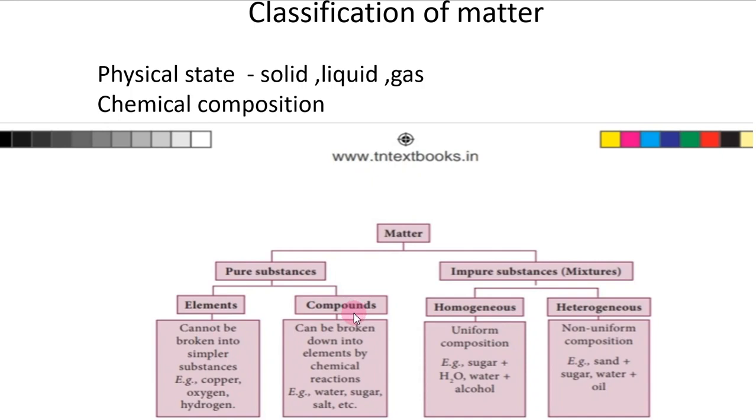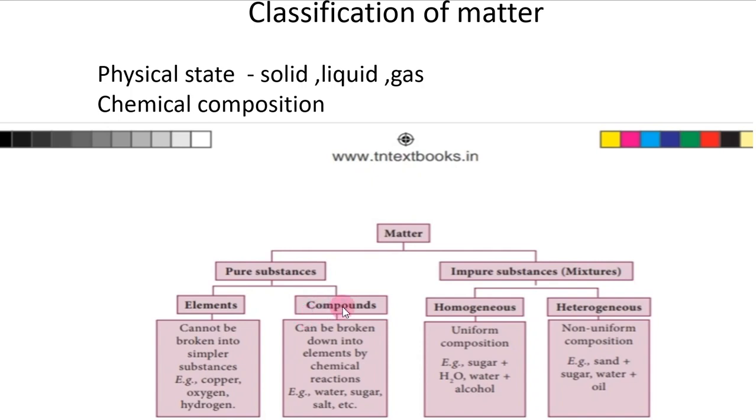Then compounds. Compounds are molecules. Two or more elements interact together to form a new substance, which is called a compound. What is a compound? Two or more elements interacting together to form a new substance.